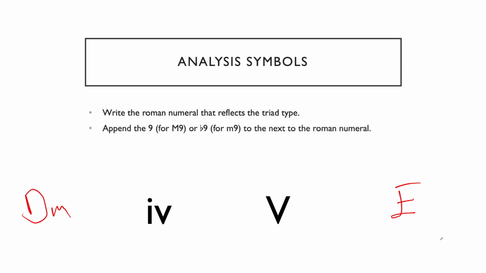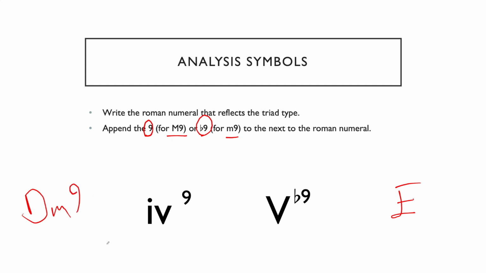And then we add the number, only 9 for major ninth and flat 9 for minor ninth. Let's say this is a D minor ninth.